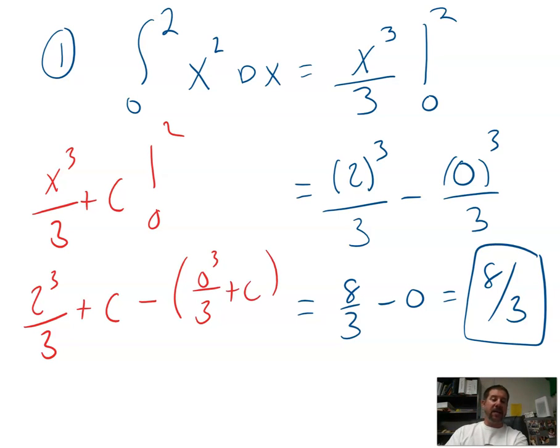And you can see that when I distribute this negative, I get minus my 0 cubed over 3 minus c, that the c's are just going to cancel out with each other. So, when you do an indefinite integral without the limits, very important, you need the plus c. But if I'm doing a definite integral, when I'm evaluating it from a to b, then you can ignore the plus c and just use the antiderivative without the plus c. Alright? Let's do some of these now.